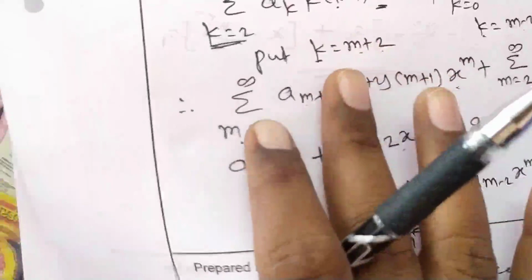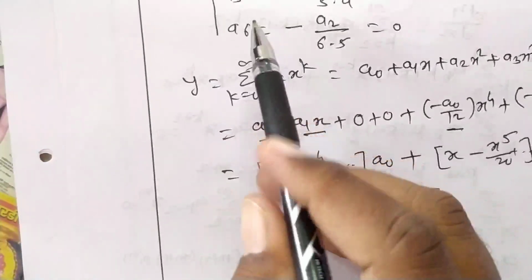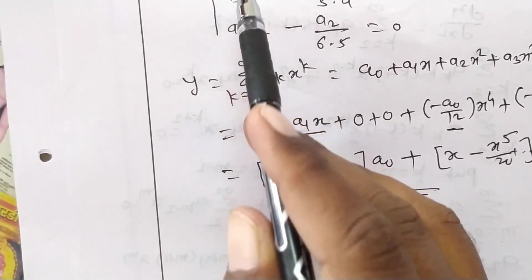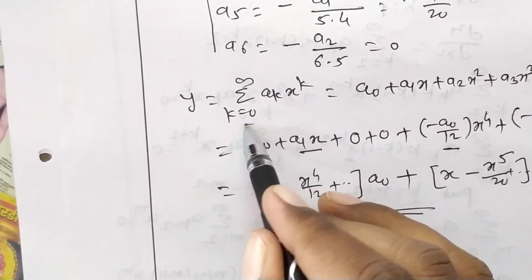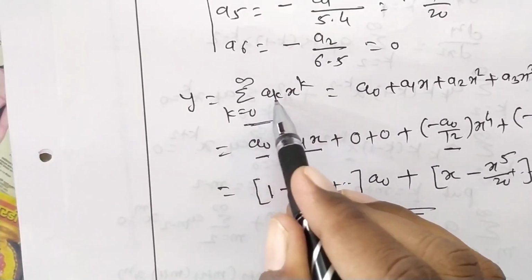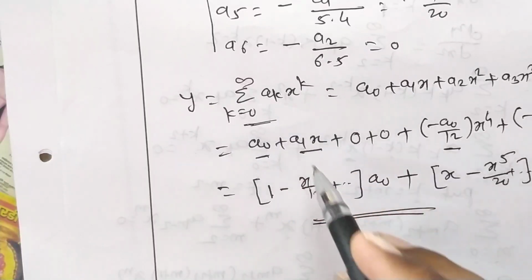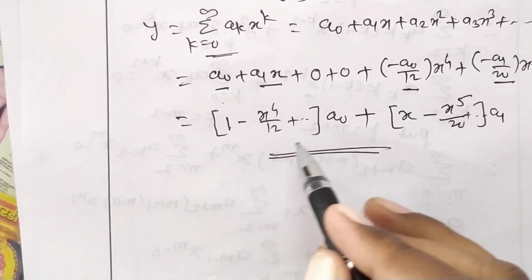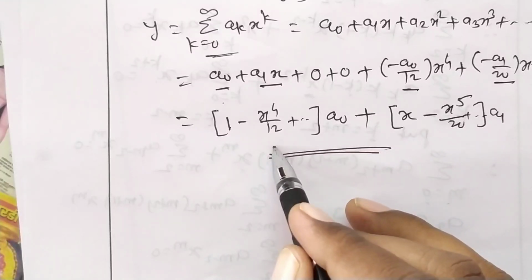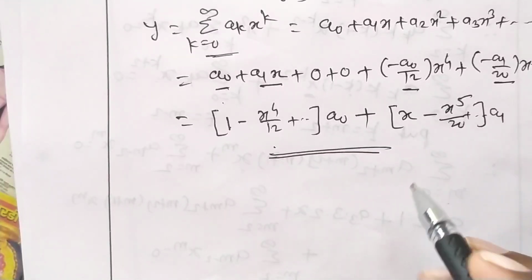We will get the recurrence relation, and from that recurrence relation find constants a3, a4, a5, a6 and so on in terms of a0 and a1, and put those constants in the solution y is equal to summation of ak x raised to k, and then take a0 and a1 common. So this solution is in the form of a0 phi 1 of x plus a1 psi of x.